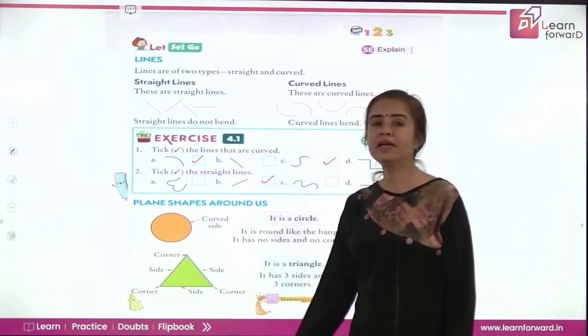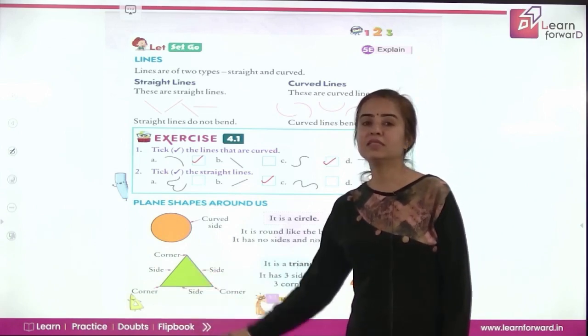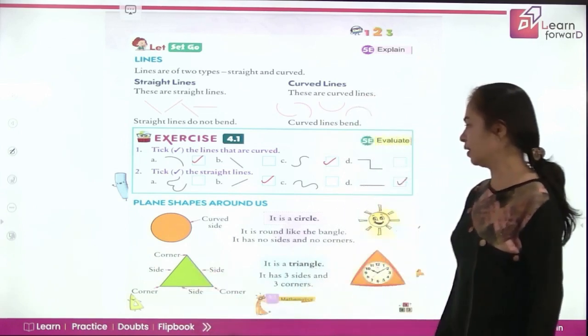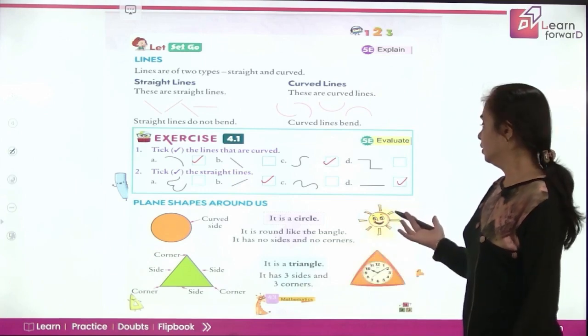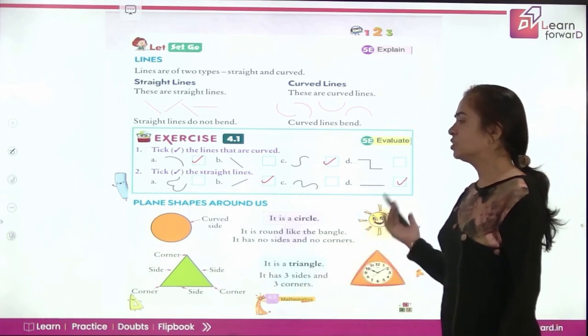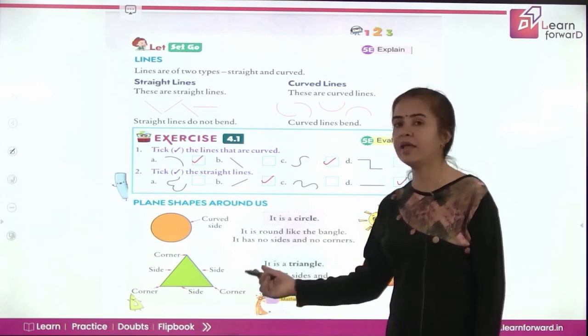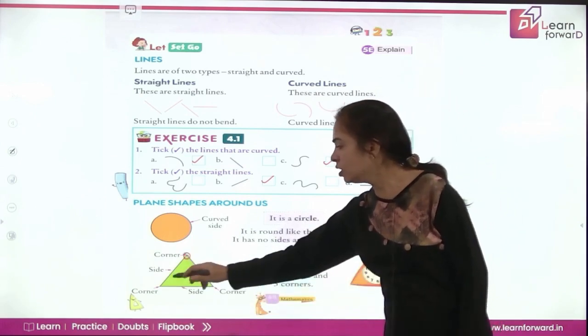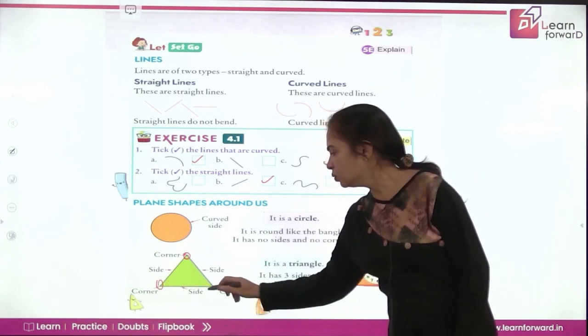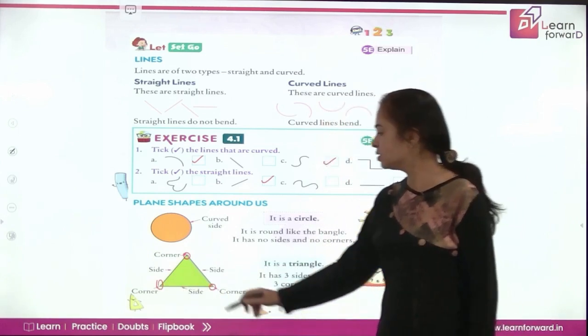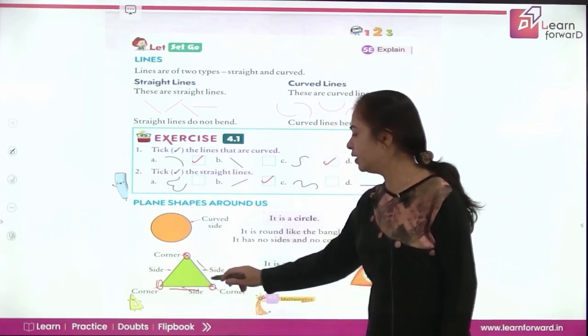Now, look at this. What are these? This is a triangle. So, the circle has no corner, but in case of a triangle, it has three corners. 1, 2, 3 corners. And it has 3 straight sides also.